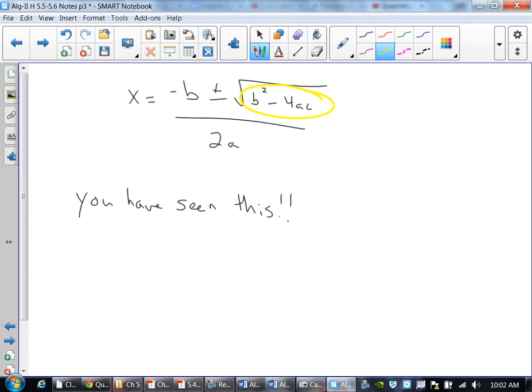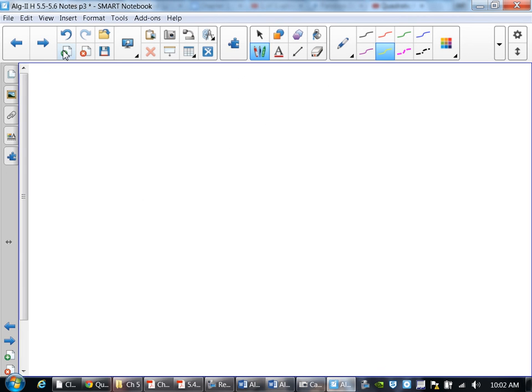That's called the discriminant. The discriminant allows you to know how many and what type of solutions you'll have, whether they're going to be 2 real solutions, 2 imaginary solutions, or 1 solution. What happens here is that when you have the discriminant, b squared minus 4ac, if that's positive, you can take the square root of it, correct?